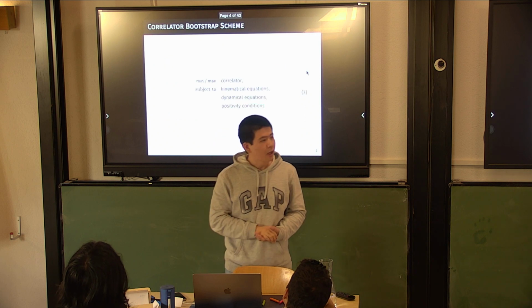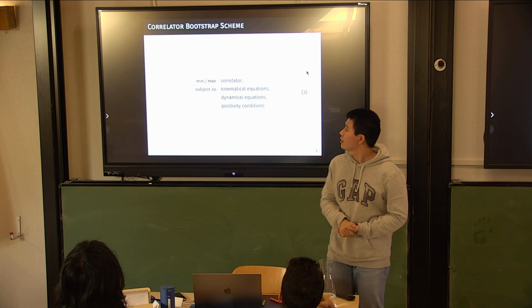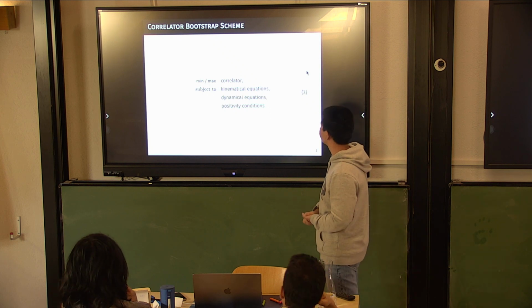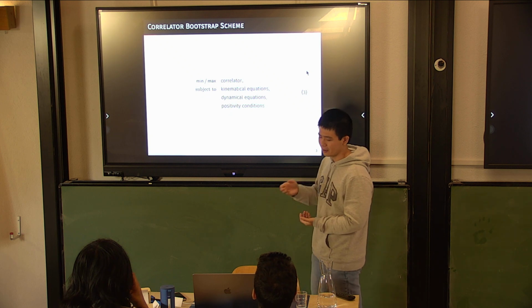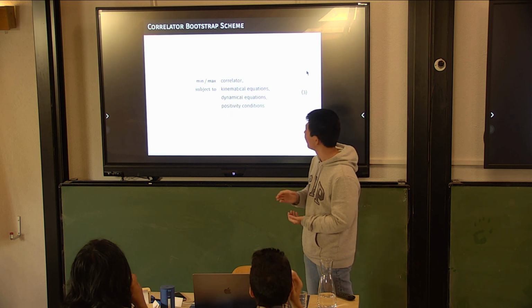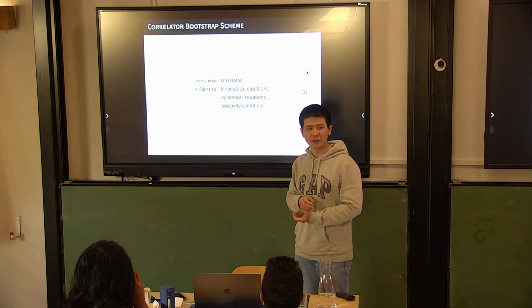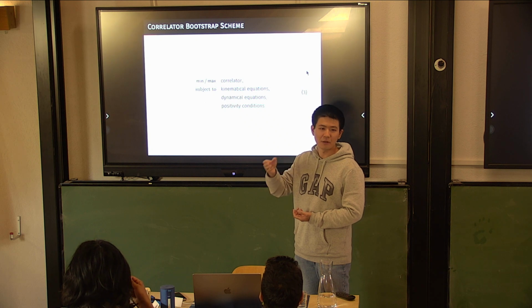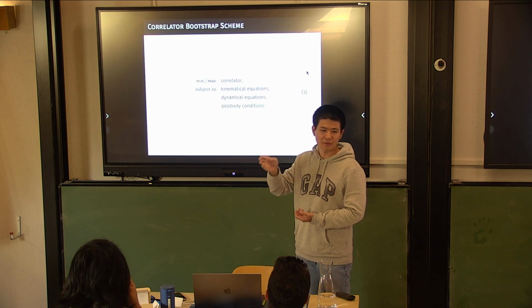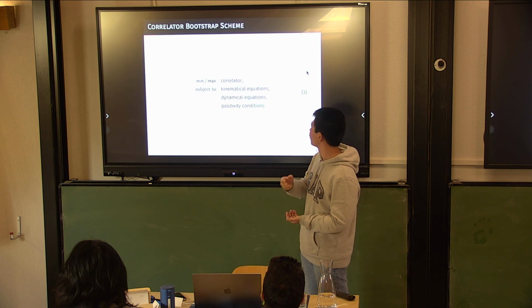Okay, how does this work to solve our physics problem? Here is the schematic. As pointed out by someone last week, this framework is more properly called correlator bootstrap, because some people also use it to do the bootstrap of quantum systems, so correlator bootstrap is more general.